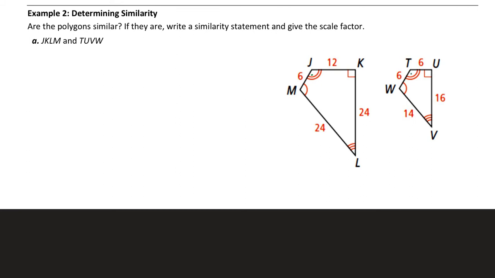K is congruent to U. They're both 90-degree angles. L is congruent to V. And M is congruent to W. So all corresponding angles are congruent.